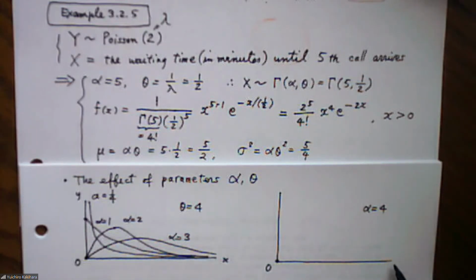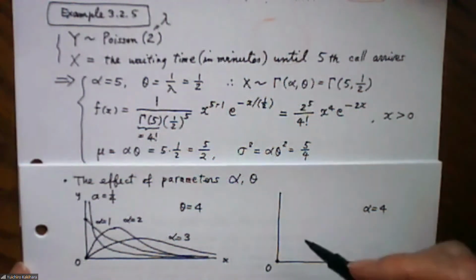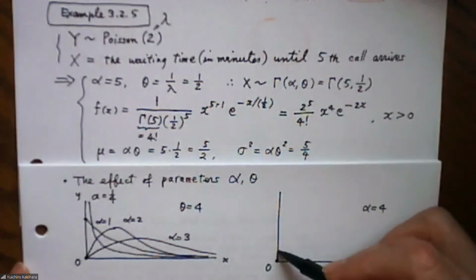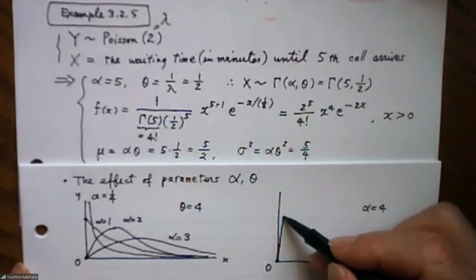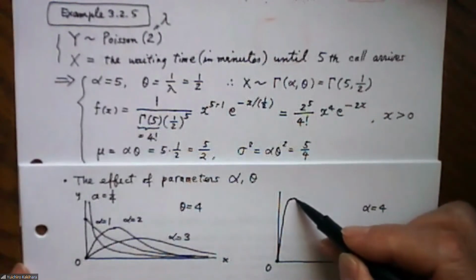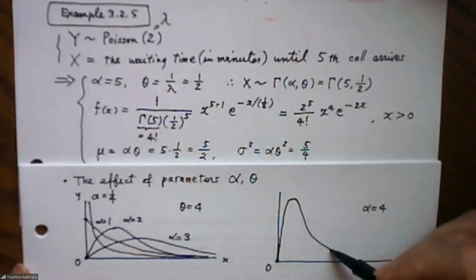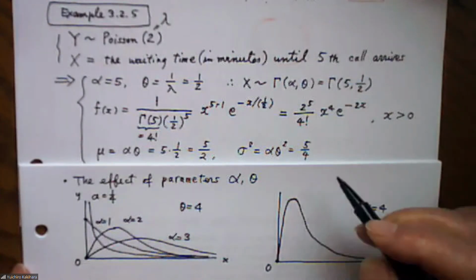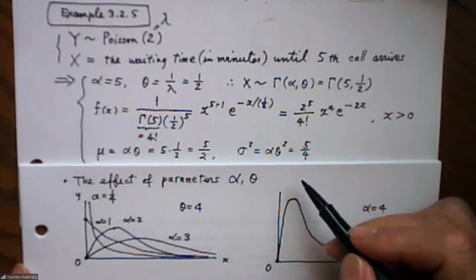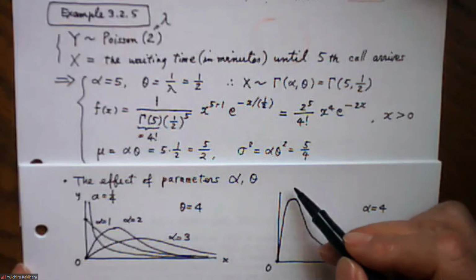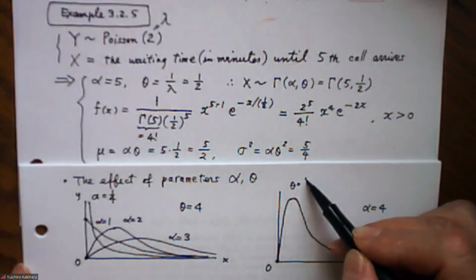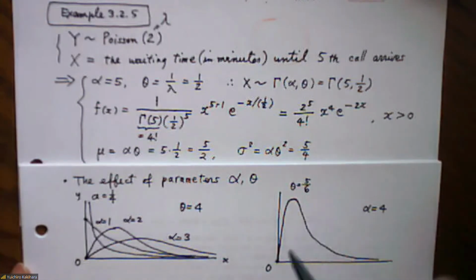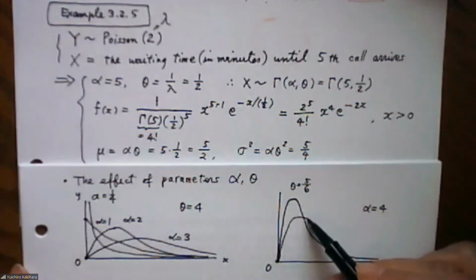Then if theta is smaller, it's going to go upward very quickly like this, up here, and then decay like this. This is the graph. Theta is equal to say 5/6, this is the graph. And then theta is equal to 1, then this is going to be something like this, and then going downward like this.